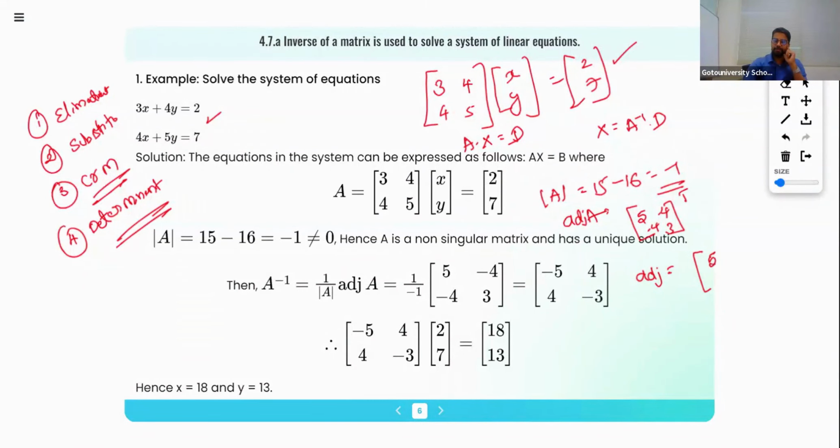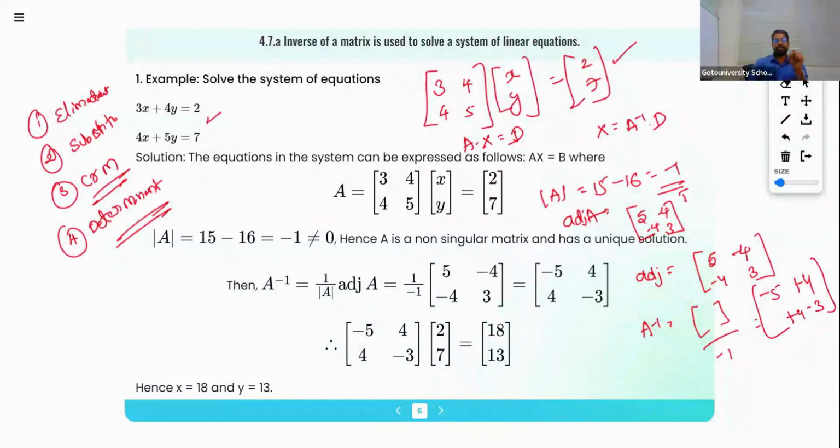So this will be 5, minus 4, minus 4 and then 3, right? So what is our inverse? Our inverse is the adjoint divided by minus 1, which will make it minus 5, plus 4, plus 4, minus 3, right? So we are going to multiply this with the given matrix.